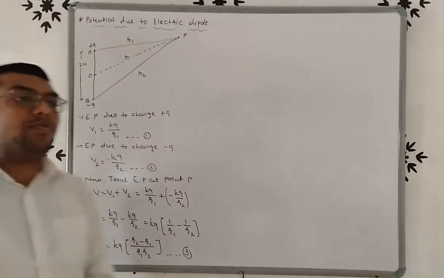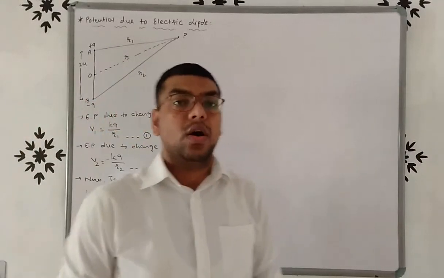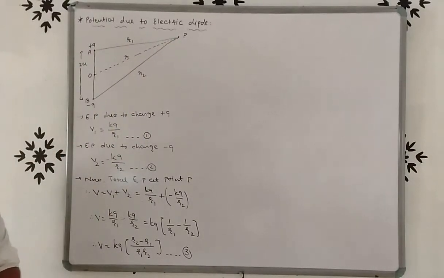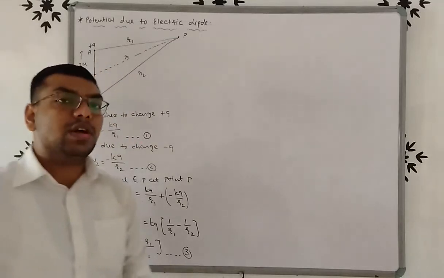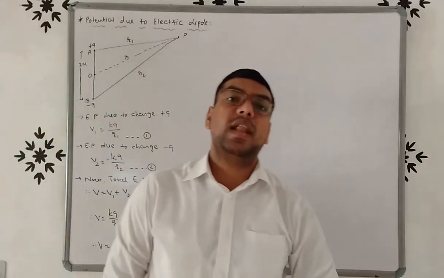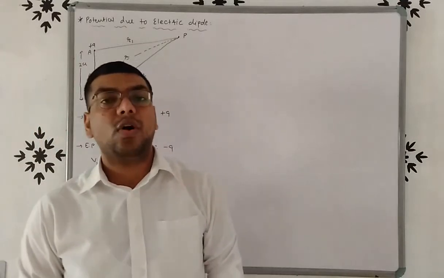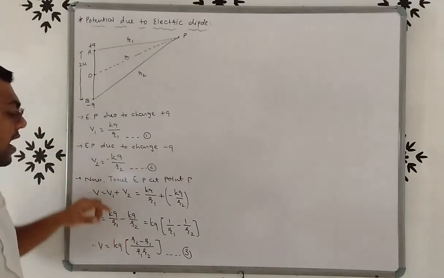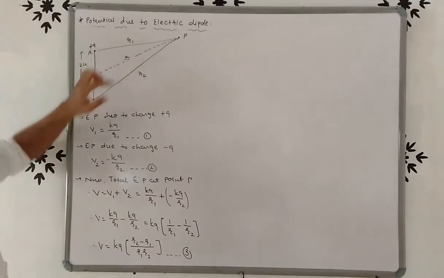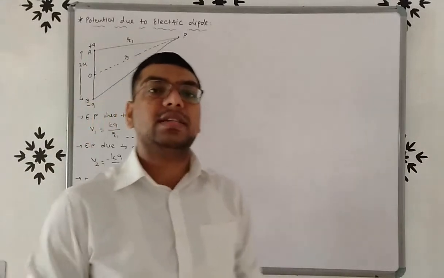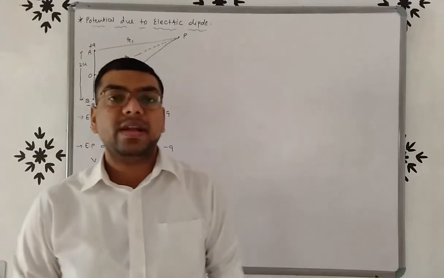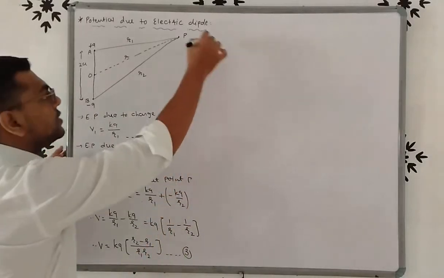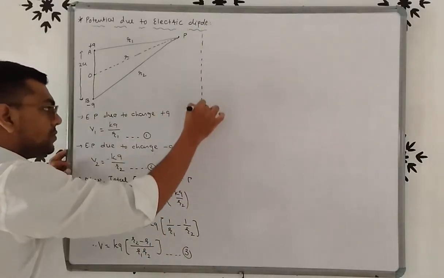We have to find the formula of potential due to the electric dipole in terms of R. So to derive the formula of potential in terms of distance R, we have to derive the relation between R1, R2 and R. So friends, we have to derive the relation between R1 and R, and R2 and R. Now, to derive the relation, see here.